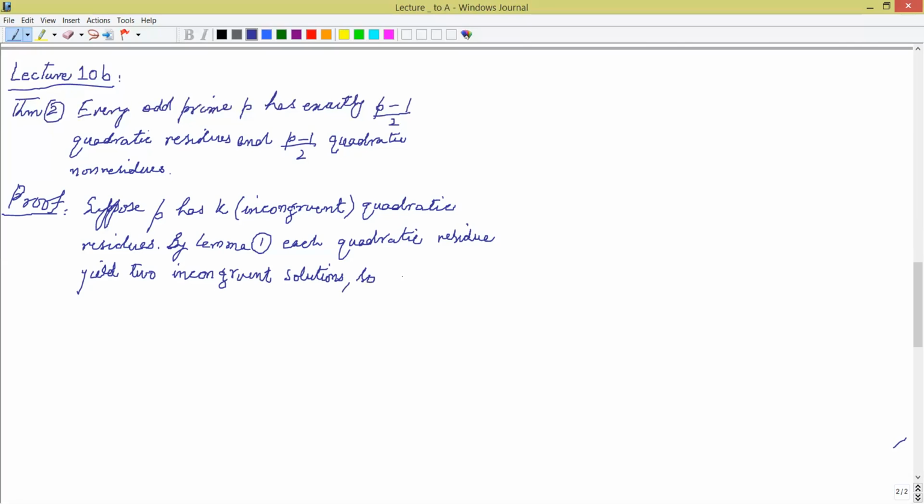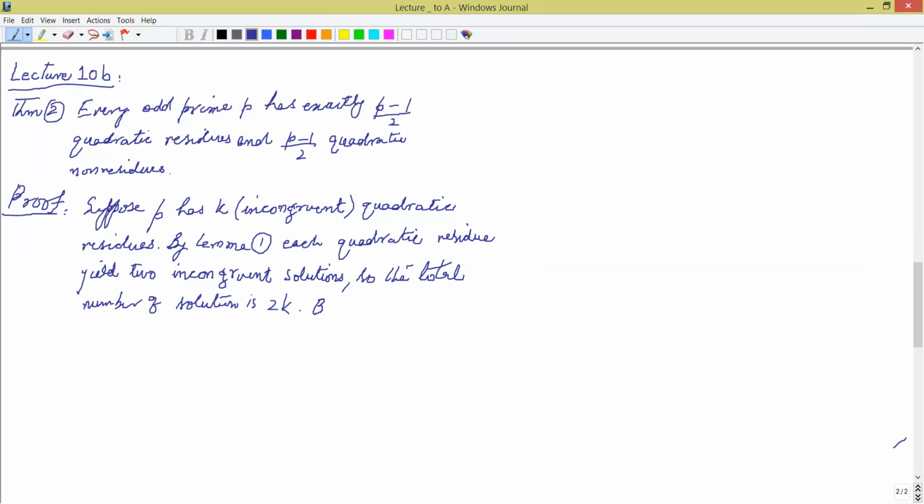So the total number of solutions is 2k, because there are k incongruent quadratic residues, and every solvable quadratic congruence has two incongruent solutions. So there are 2 times k solutions.